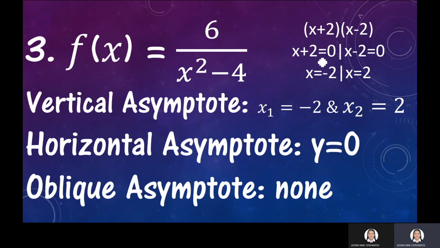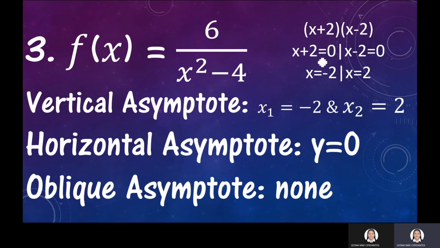So, x plus 2 equals 0. Then, x equals negative 2. Next, x minus 2 equals 0. So, x is equal to positive 2. Vertical asymptote, x sub 1 equals negative 2 and x sub 2 equals positive 2.